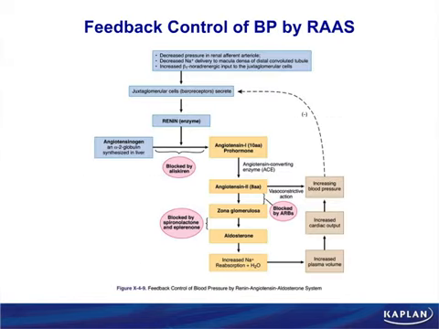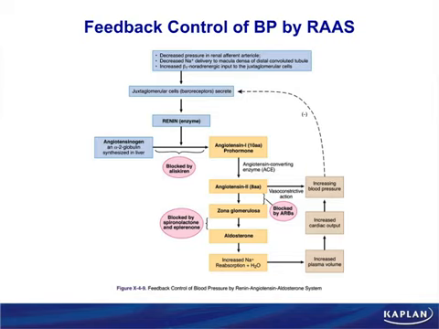This slide summarizes everything. It summarizes the three stimulants to renin release: low blood pressure, sodium delivery, and beta stimulation. It shows you that renin transforms angiotensinogen to angiotensin I, blocked by aliskiren. It shows you that ACE inhibitors block the formation of angiotensin II.